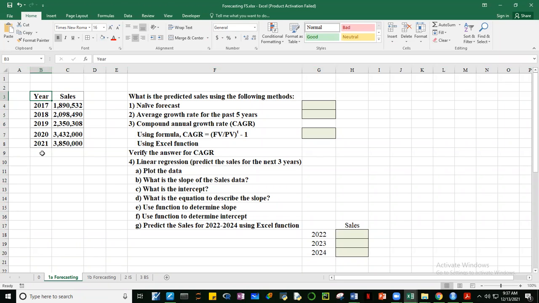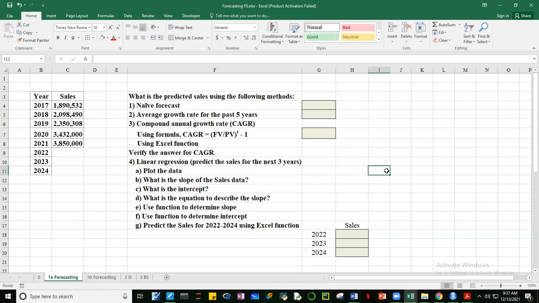Now, if we were asked, what is the forecasted sales for 2022 or 2023 or 2024? So we're asked that, okay, if I write here 2022, 2023, and 2024, if we're asked to forecast the sales for these years, then how do we do it?